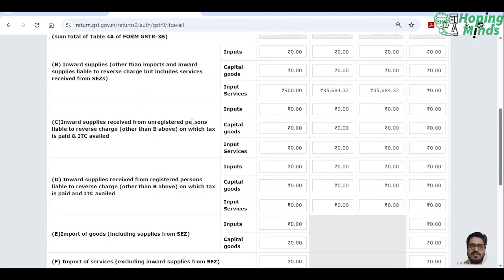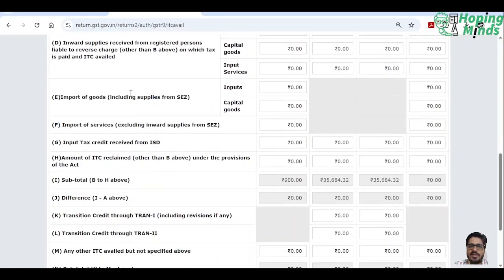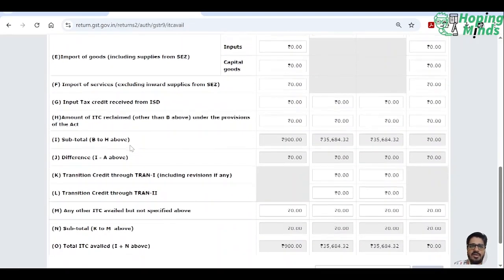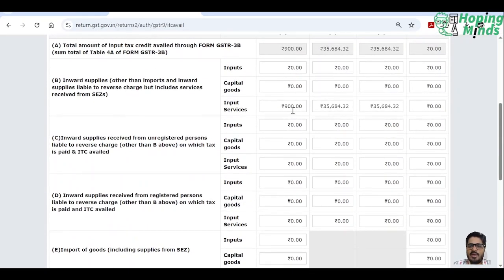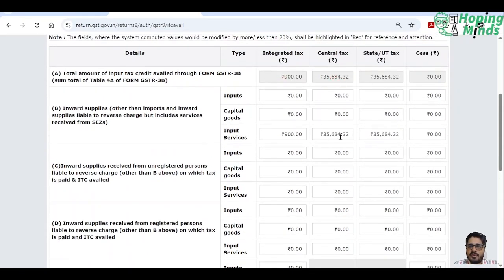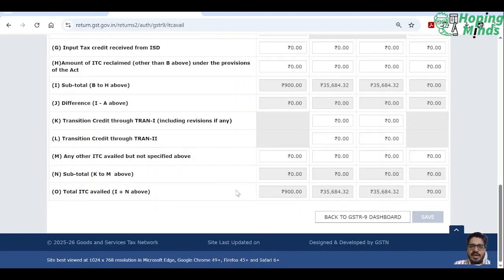Similarly, inward supplies received from unregistered person liable to reverse charge, and so on. There are many details that are required to be filled up. In our case, only one detail is required and we have already filled up that detail. So total ITC availed during the financial year was under IGST it is 900, under CGST and SGST it is 35,684 rupees 32 paisa.